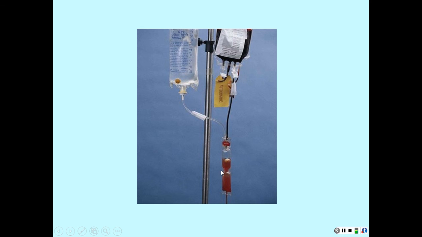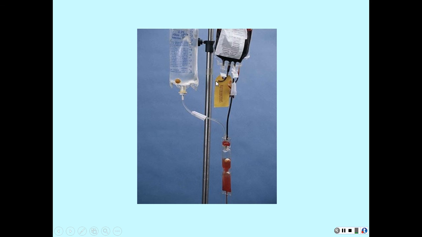Here's your filter here, and then from here down to the patient, it's just like regular IV tubing. Okay. But if you notice, there's a roller clamp here and a roller clamp here. One of these is for the blood, one of them is for normal saline, and it doesn't matter which one.